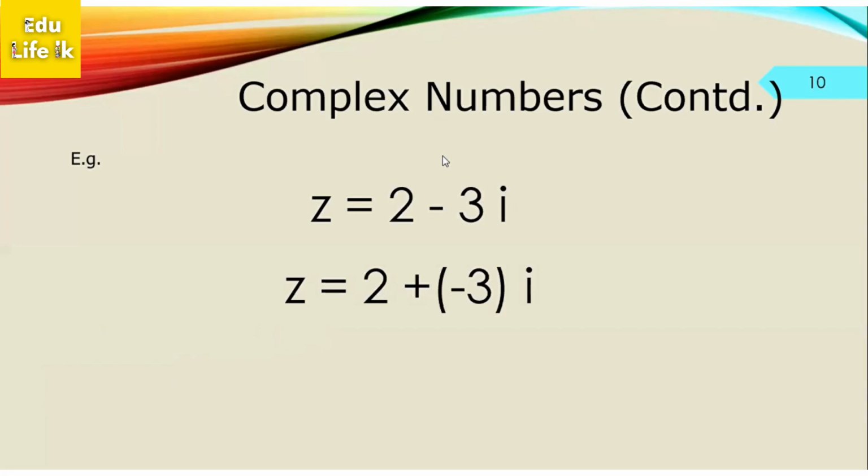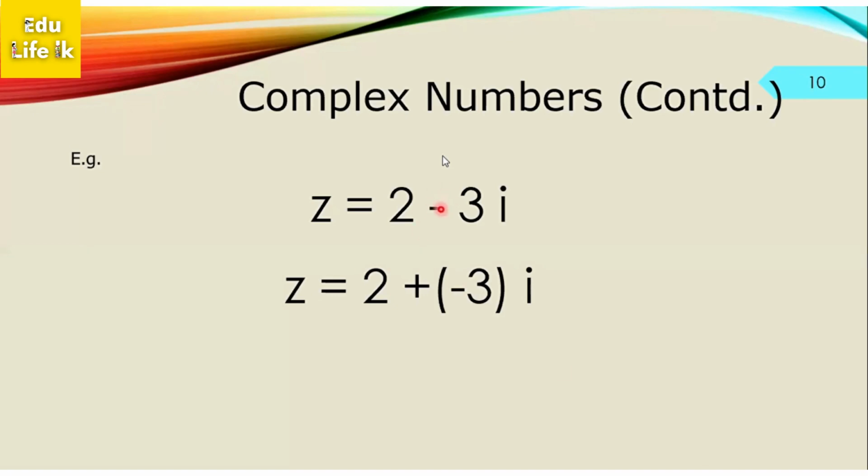Now, if we get an example like this, 2 minus 3 times I. What will happen? Earlier, the format was x plus I times y. Always the addition sign should be there. So if you get a negative number, here the negative sign is there.